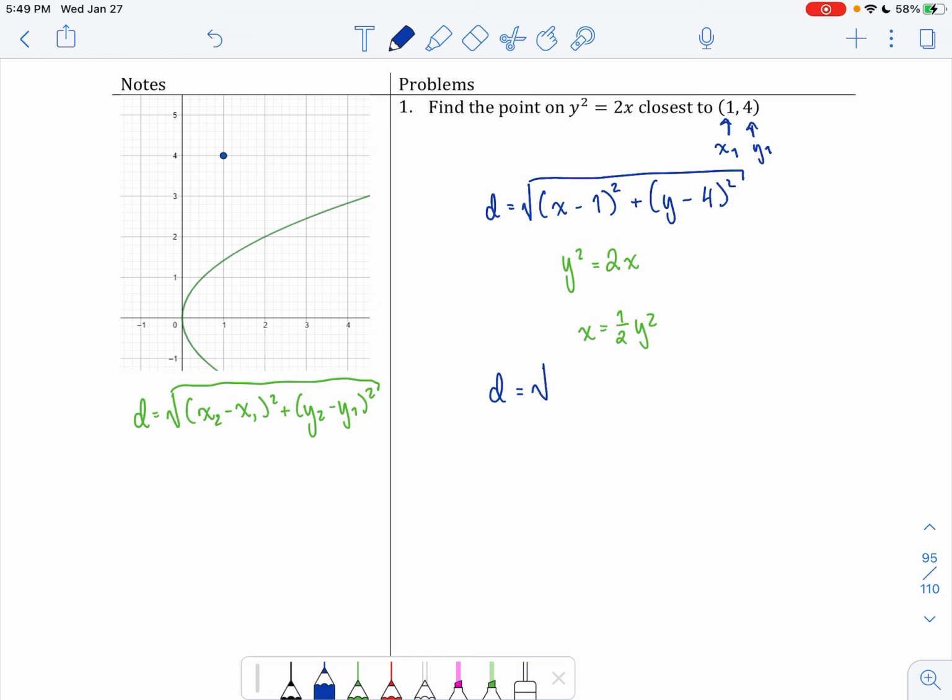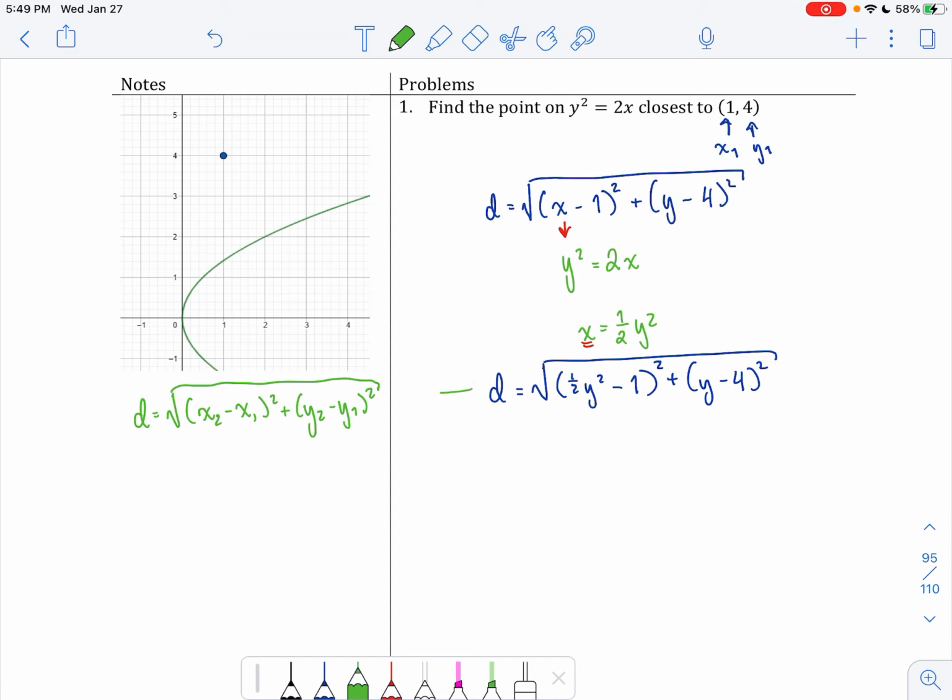So I'm going to say the distance is equal to the root of, with x replaced by 1/2 y squared, minus 1, squared, plus y minus 4, squared, all under the root.